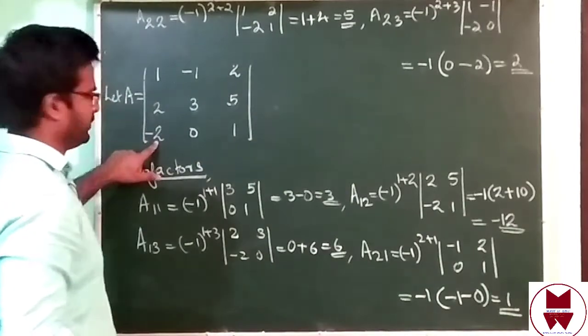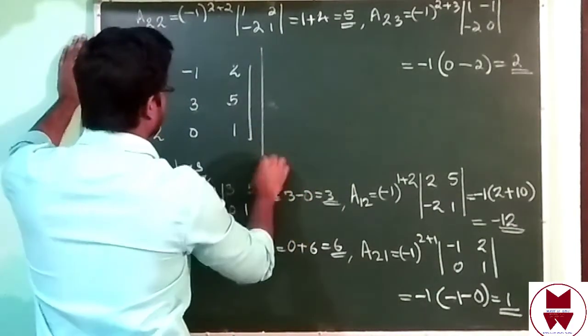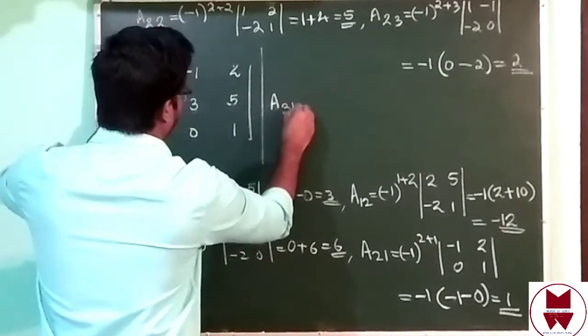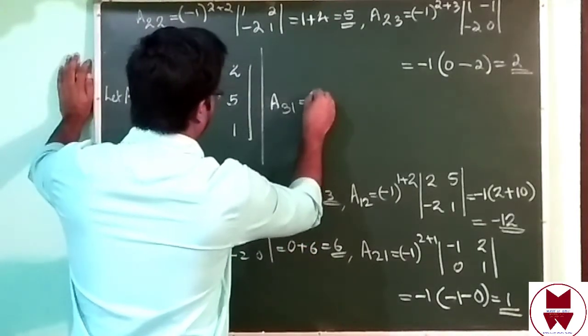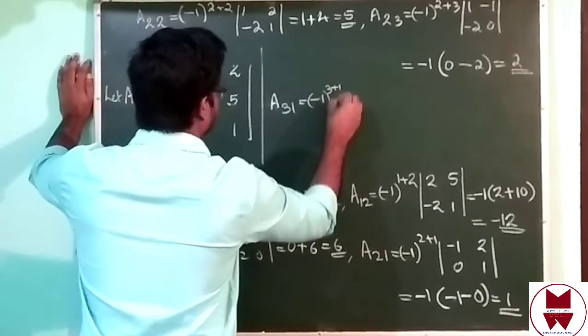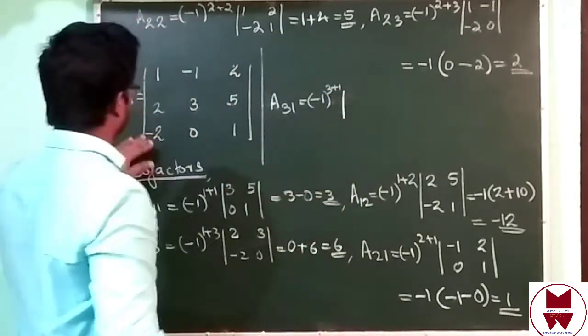Then you can find out the cofactor of this element minus 2. I am writing in here, A31. How can I write? Minus 1 all raised to 3 plus 1 is 4, determinant.